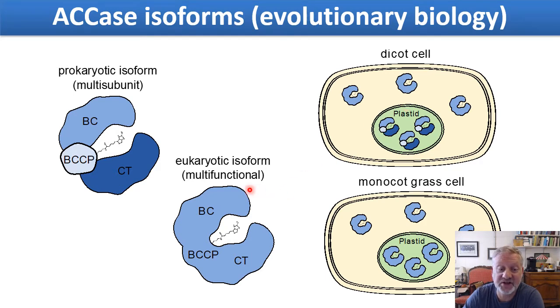In grasses, they only have one form, both in the cytosol and the chloroplast, and that's the eukaryotic form, the one large protein. And that form is actually sensitive to the herbicide. So when you put these ACCase inhibitors, you kill grasses because you kill all of the enzymes, and the dicots survive because these in the plastids are not affected by the herbicide.